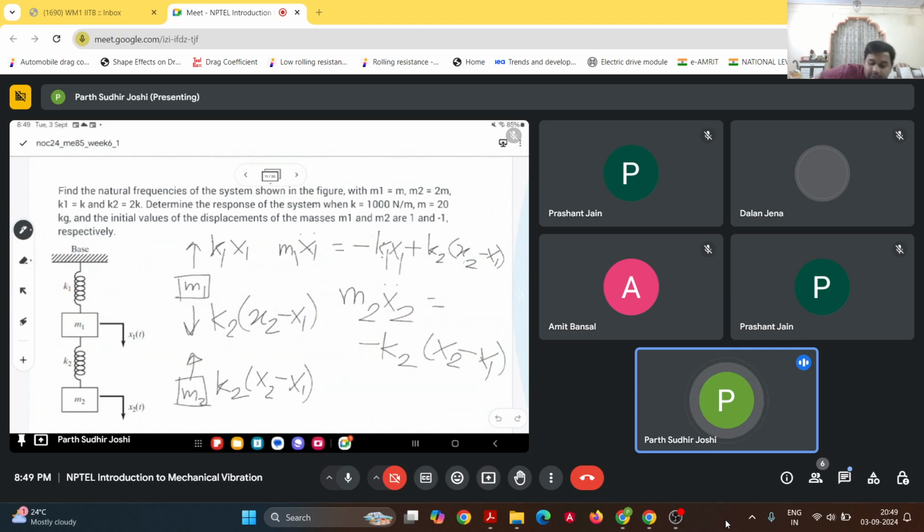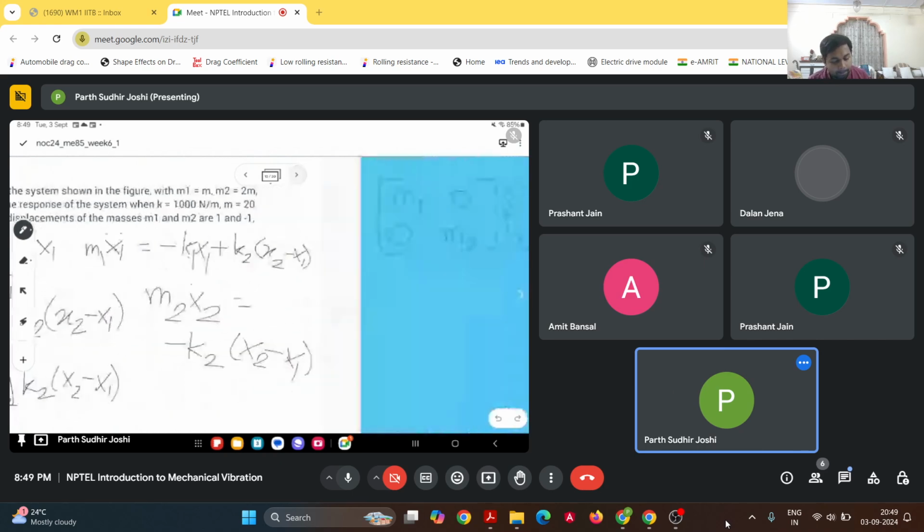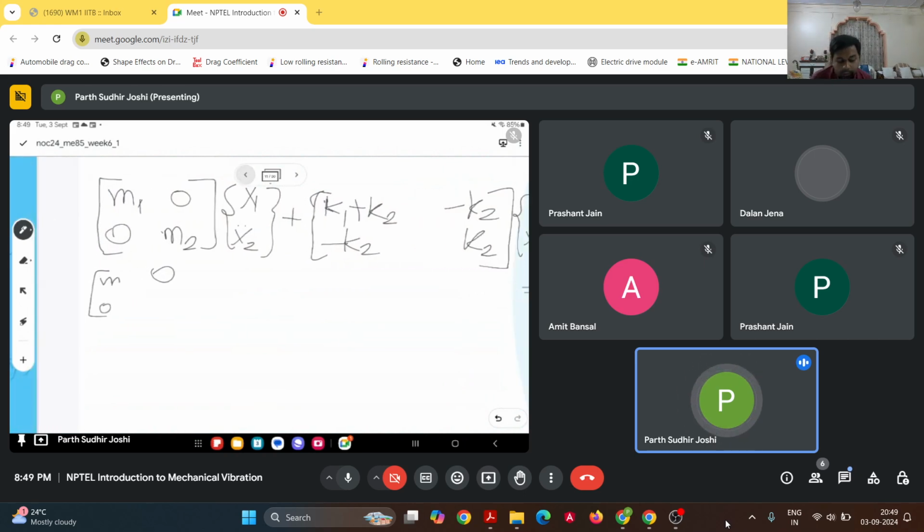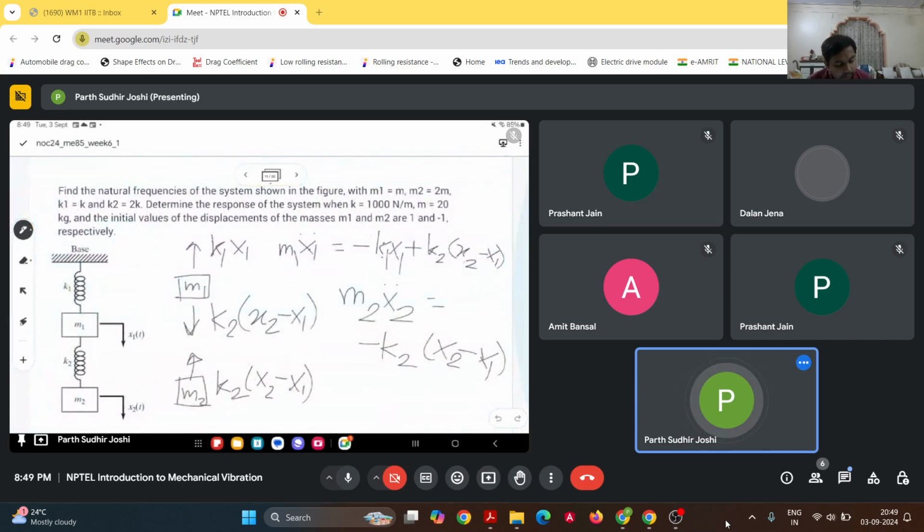So we can simplify the equations slightly. We can write m1 as m and m2 as 2m, and k1 as k and k2 as 2k.